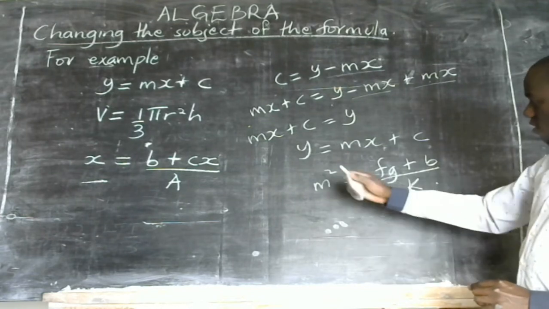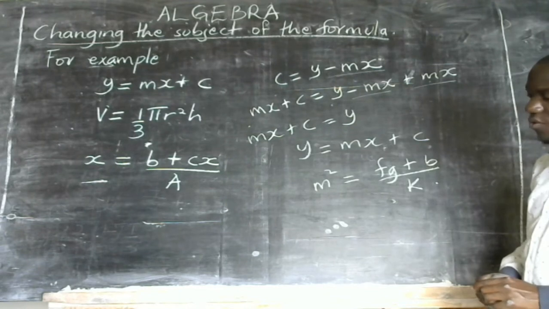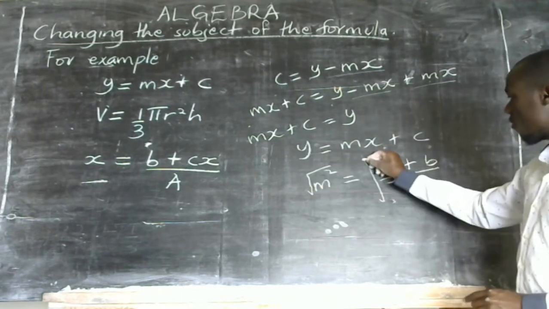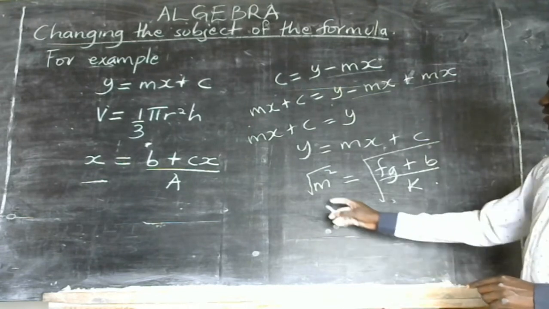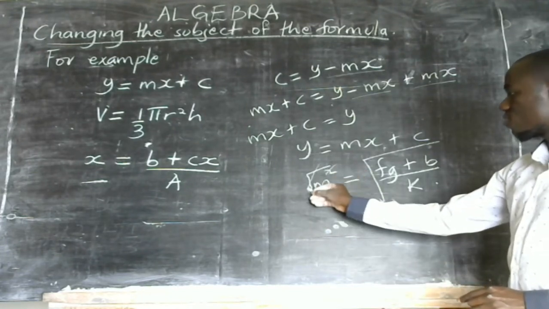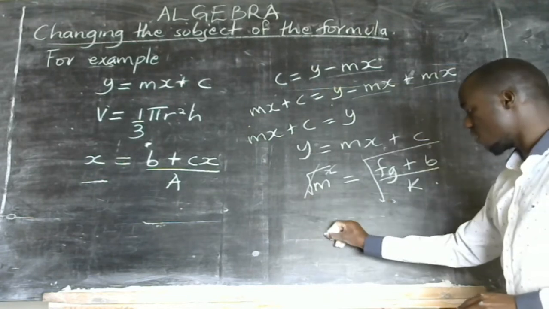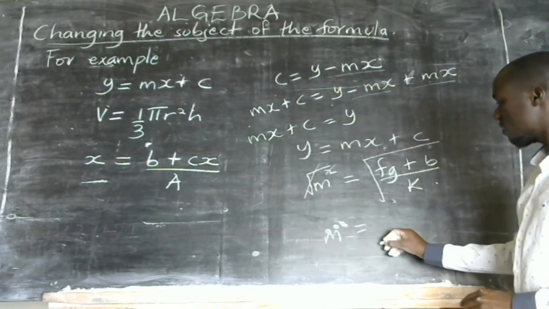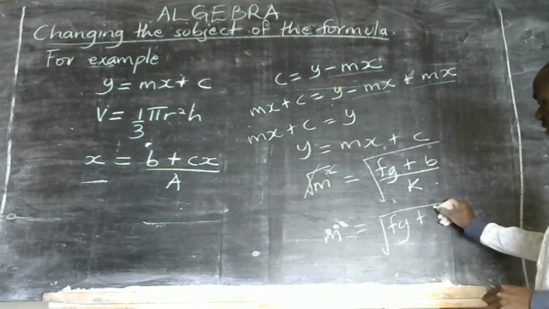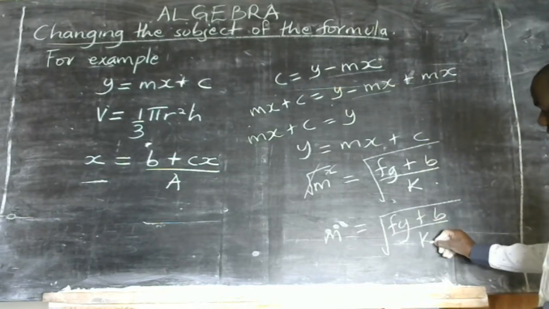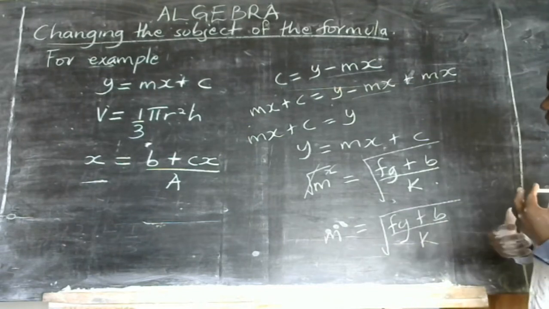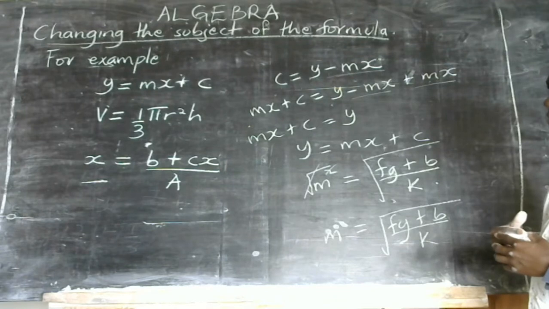So to remove that square, we apply the square root both sides, such that the root this side can cancel out the square on m, and finally you have m as the square root of f times e plus b all over k. So we just do reverse operations.